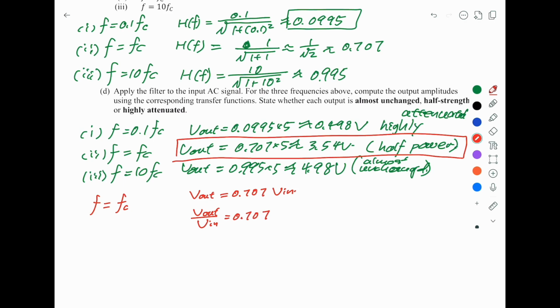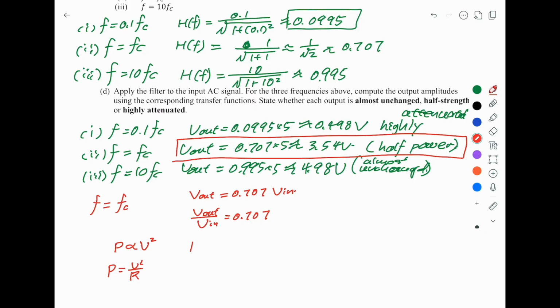Now, if you think about power, power is proportional to V squared. Why? Because of the equation P equals V squared over R, where R is the load, a constant.